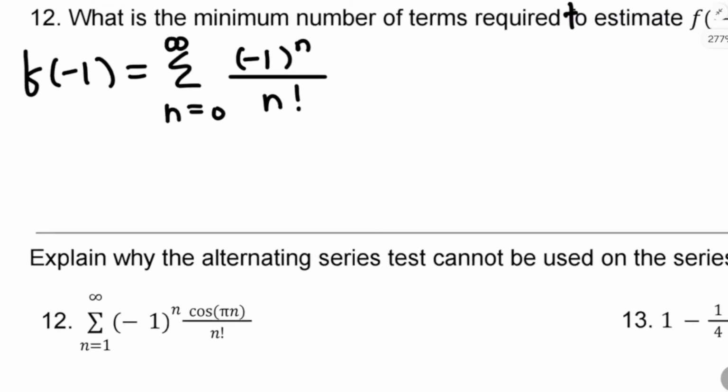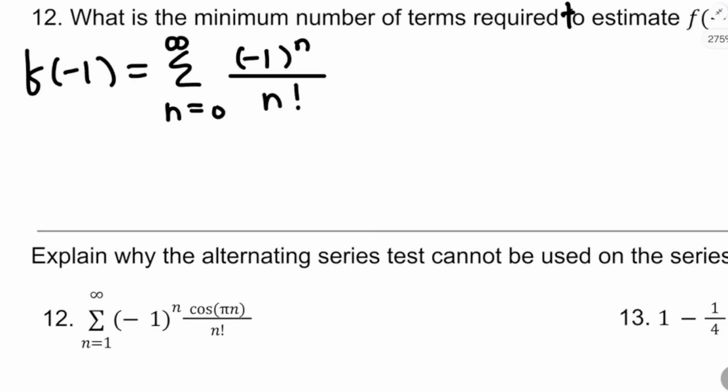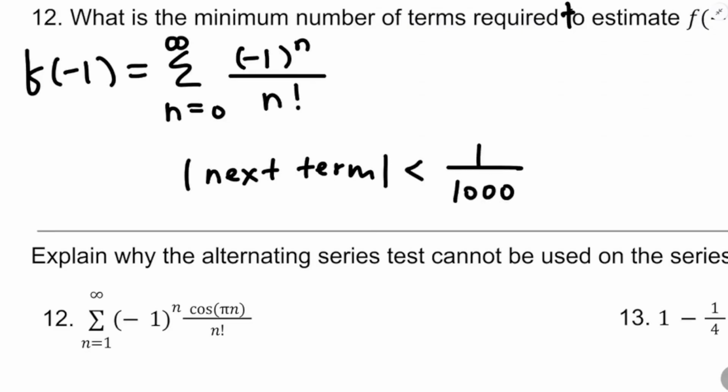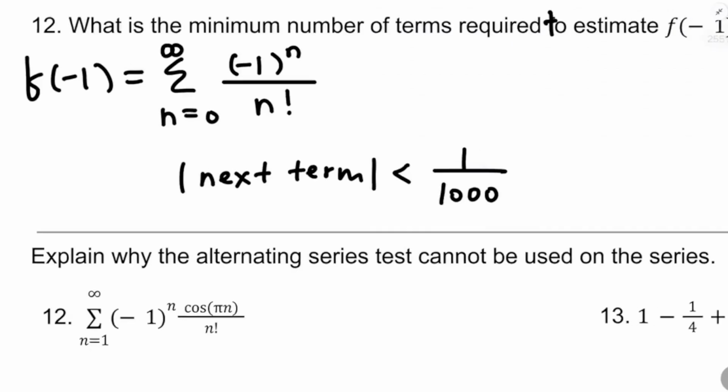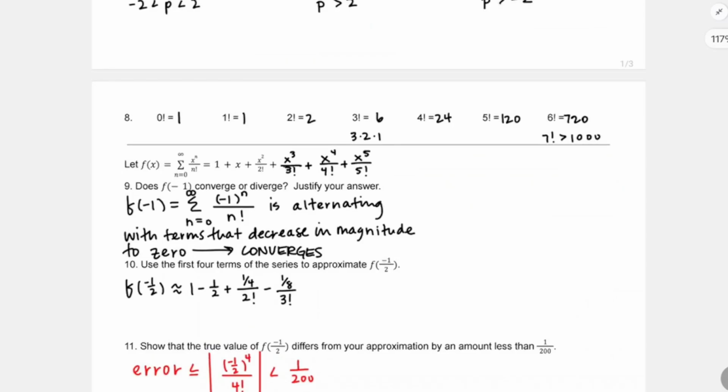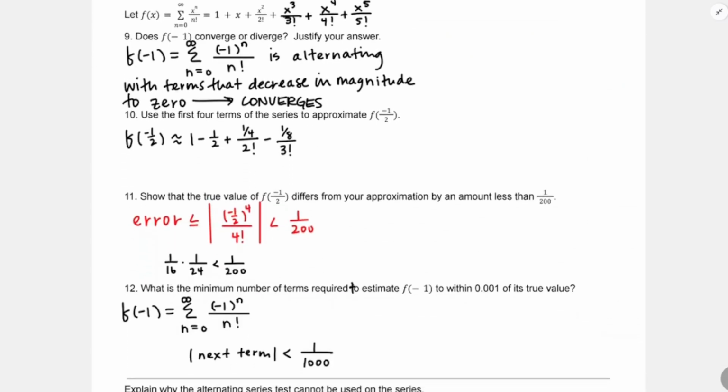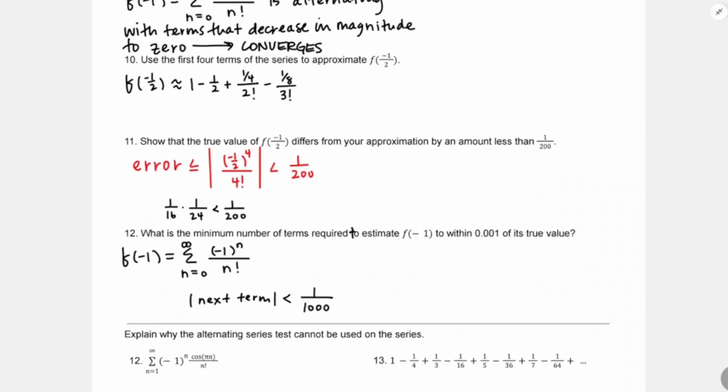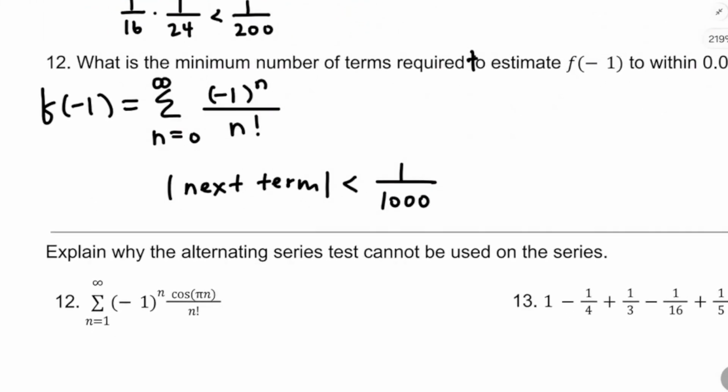No, I can just see when the next term's absolute value is less than 1 over 1,000. That's a question of when n factorial goes greater than 1,000. I wrote that down right up here: 7 factorial is the first one that goes greater than 1,000. I knew that was going to be important, I just couldn't remember why. So I would need 6 terms, so that the error is the 7th term, which is 1 over 7 factorial. So 6 terms.